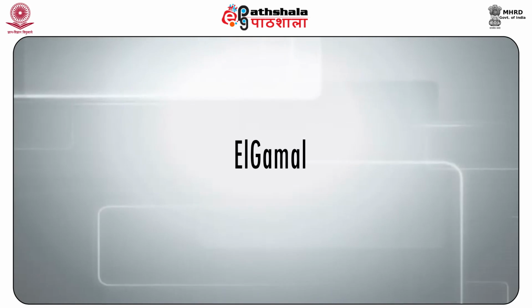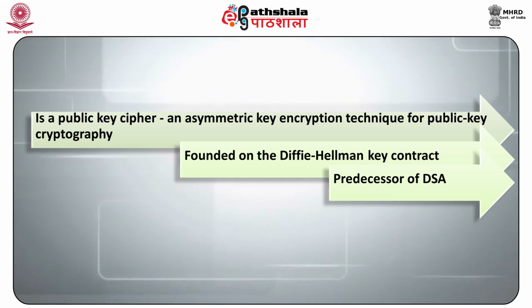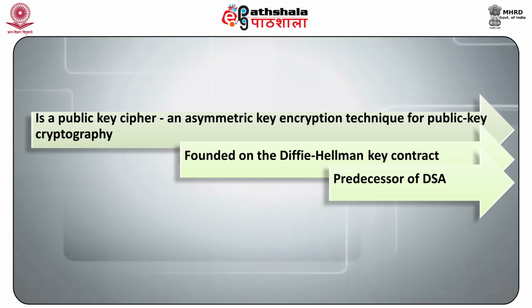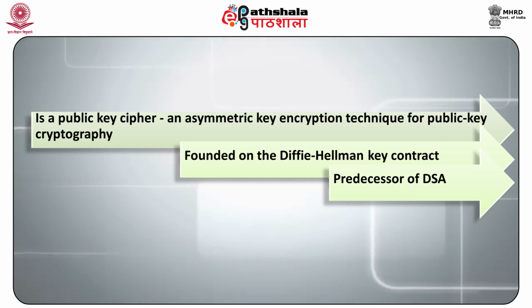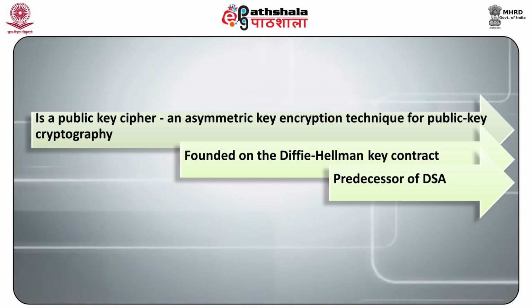Next is ElGamal. ElGamal is a public key cipher and asymmetric key encryption technique for public key cryptography that is founded on the Diffie-Hellman key agreement. ElGamal is the predecessor of DSA.